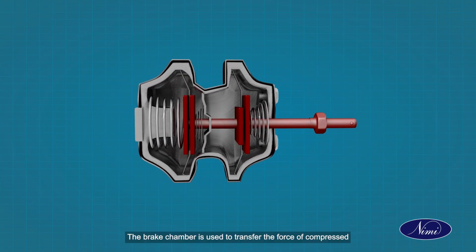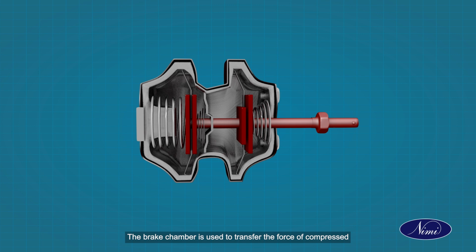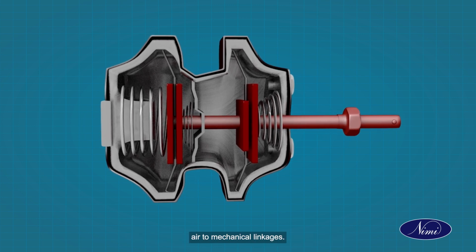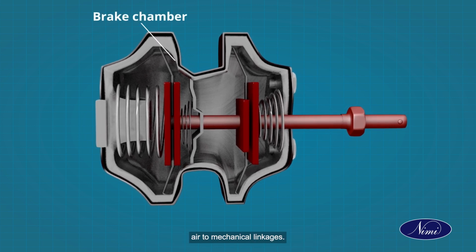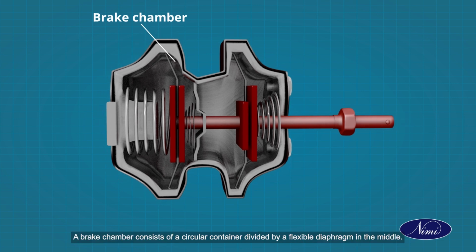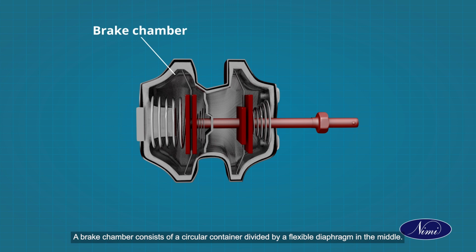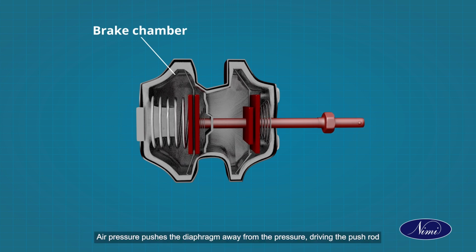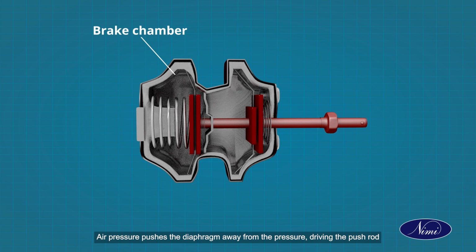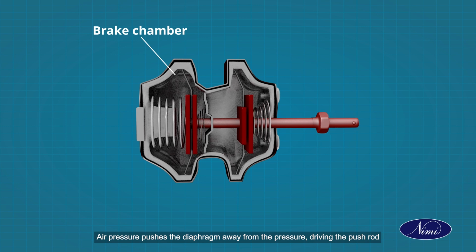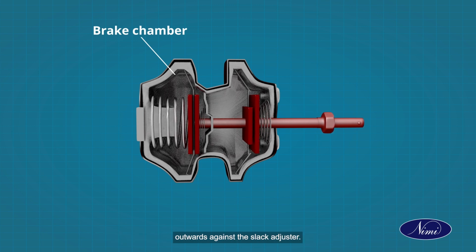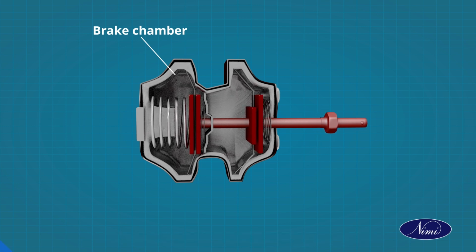The brake chamber is used to transfer the force of compressed air to mechanical linkages. A brake chamber consists of a circular container divided by a flexible diaphragm in the middle. Air pressure pushes the diaphragm away from the pressure, driving the push rod outwards against the slack adjuster.